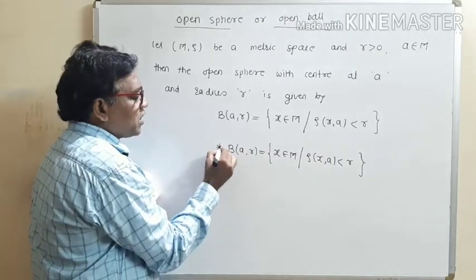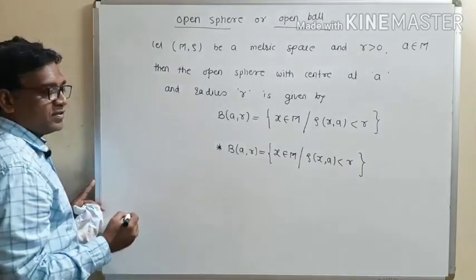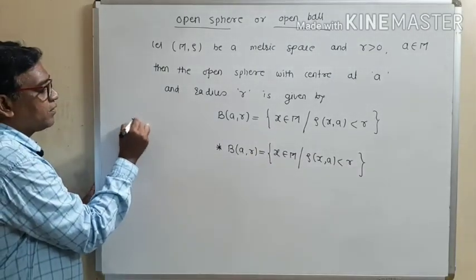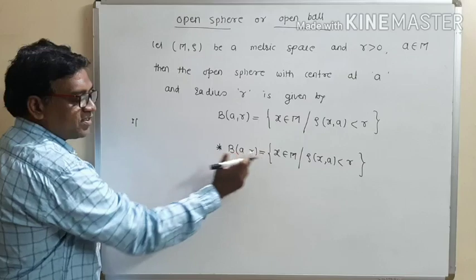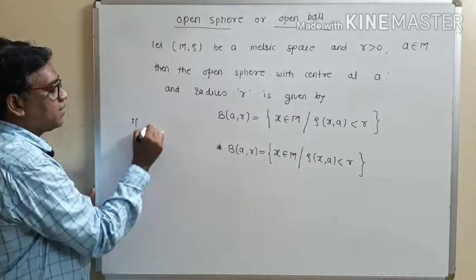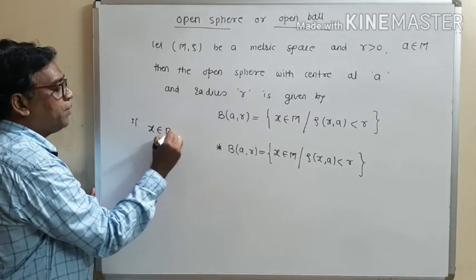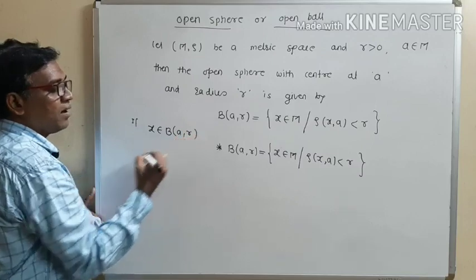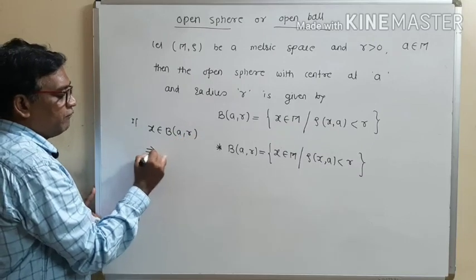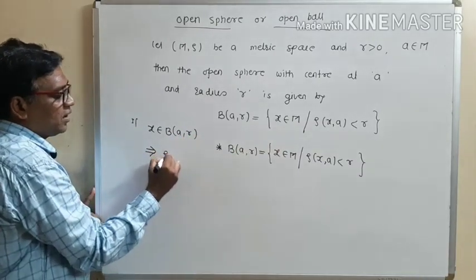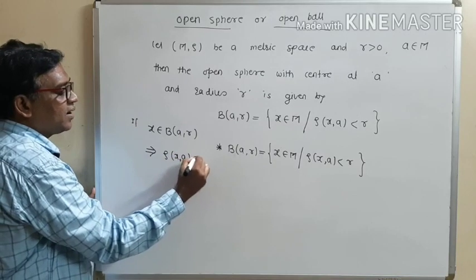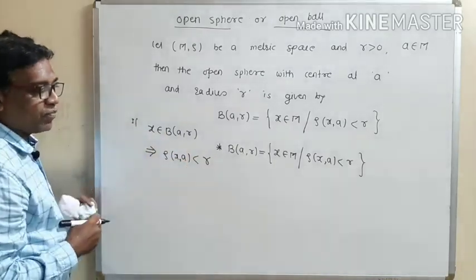Now by using this definition, we can write like this. If x belongs to B(a, r), then we can write this condition, the distance between x and a is less than r.